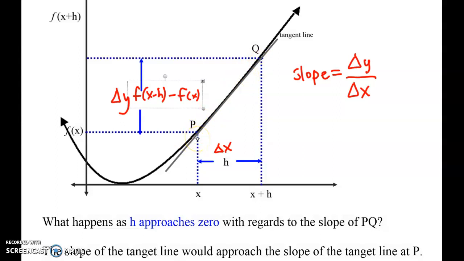If this distance is getting smaller and smaller, so if now Q happens to be here, and we are finding this slope, as Q gets closer, as h gets smaller and smaller, Q gets closer to P, and we find that the slope of the line PQ is going to get closer and closer to the slope of the tangent line at P. Pause it and think about that for a second.